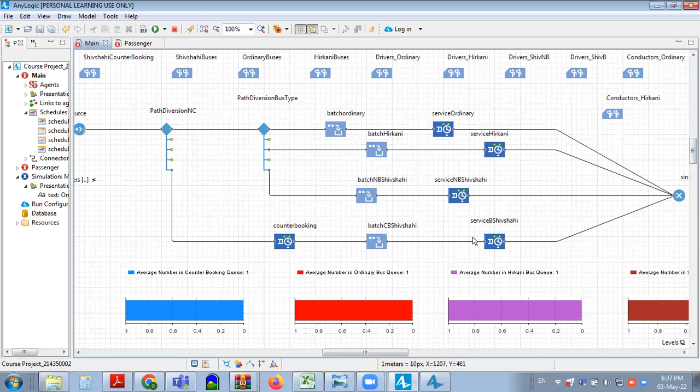So from this we will get, when this batch strategy is implemented, what will be the number of people standing in a queue for that particular batch or for that particular bus category.